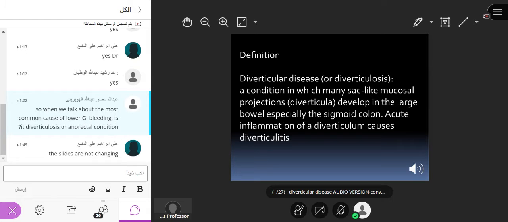That can lead to bleeding, infection, or a hole, and the hole may go into another organ and make a fistula. So different fistula formation, infections, and bleeding may occur. These are the three main complications. Or it may lead to obstruction.